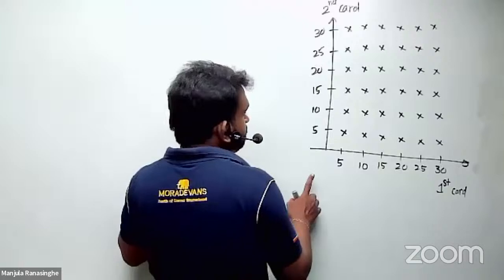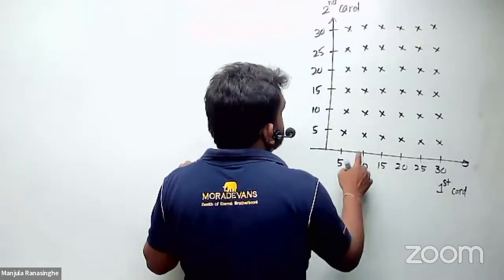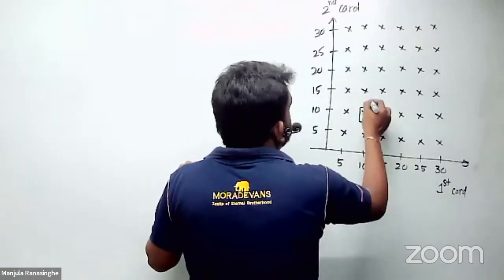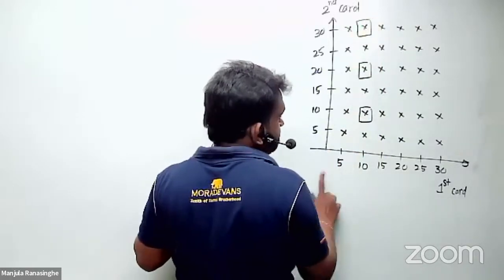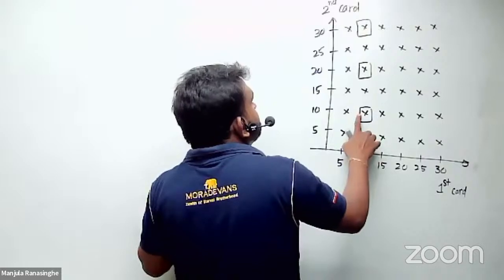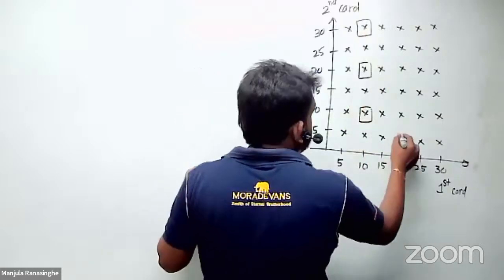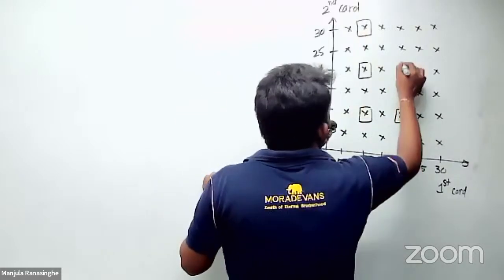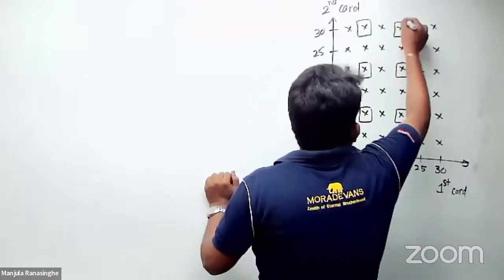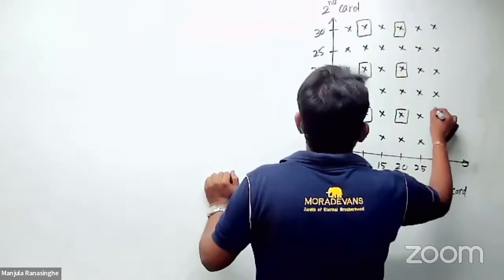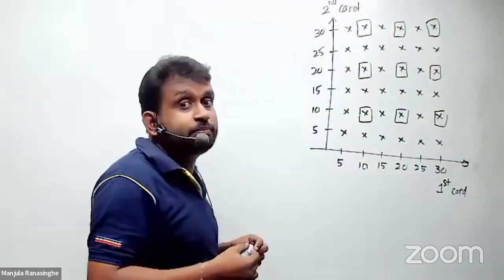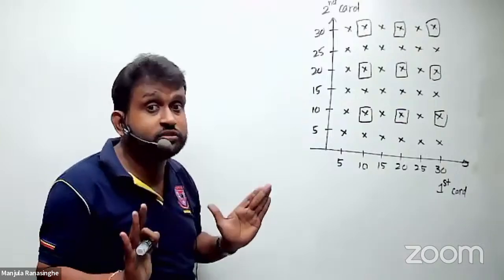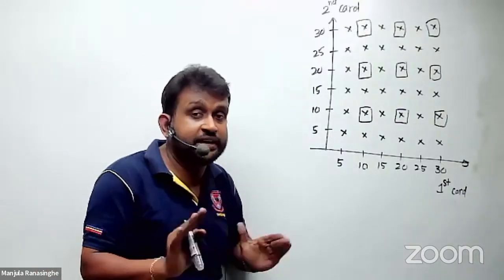Here first card 10 and second 10, 20, 30. First card 20, then second 10, 20, 30. First card 30, then second 10, 20, 30. These are the multiples of 10 in both cases, first card and second card.